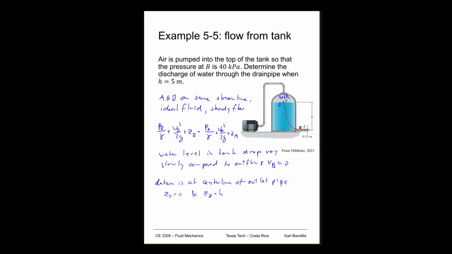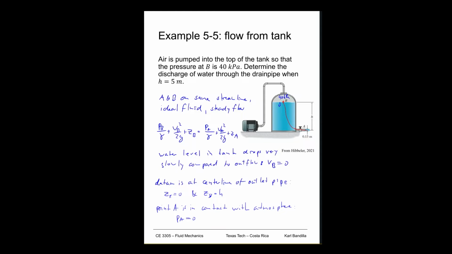Because point A is in contact with atmosphere, which means that PA is going to be 0. Right? Again, atmospheric pressure, but we're talking about gauge pressure here, so that leaves it to 0. All right, so we have PB, VB, ZB, PA, VA is what we're trying to get, and we have ZA. So we have all our different values.